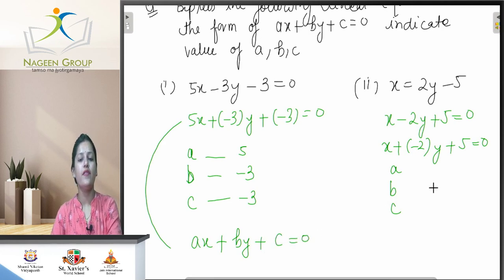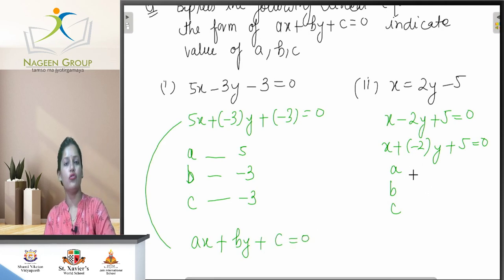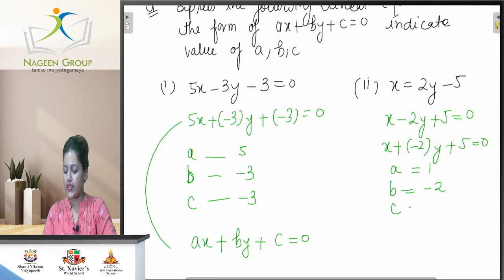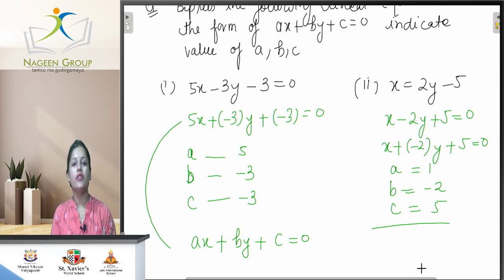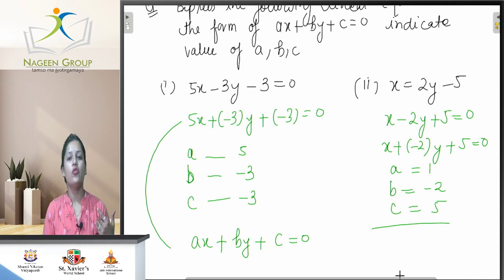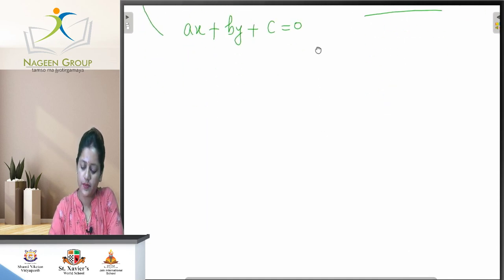In the same way, comparing the second equation to the general form, we get a equals 1, b equals minus 2 and c equals 5. Have you understood it? We learned how to get the solution, how to change the equation into the general form, and how to find the coefficients of x and y. Now another question.